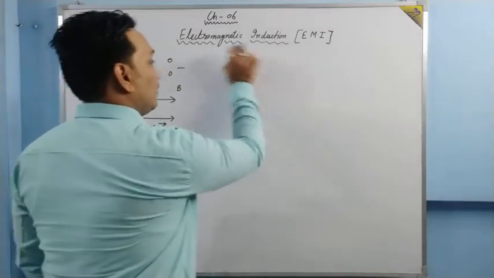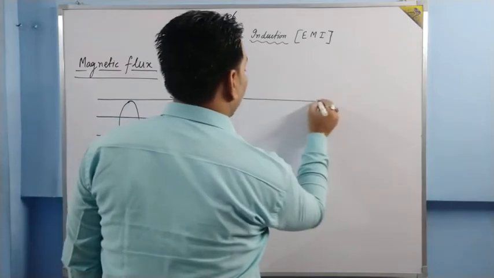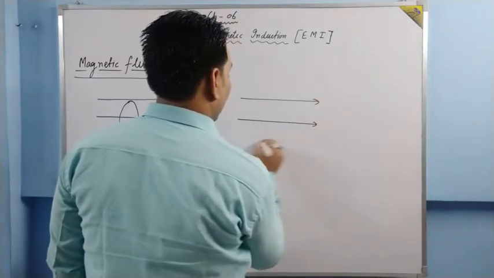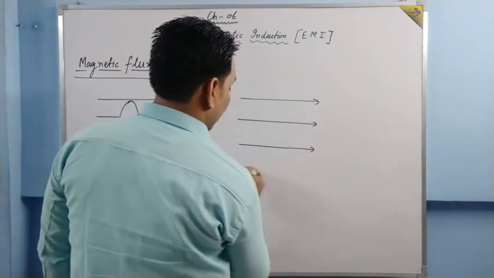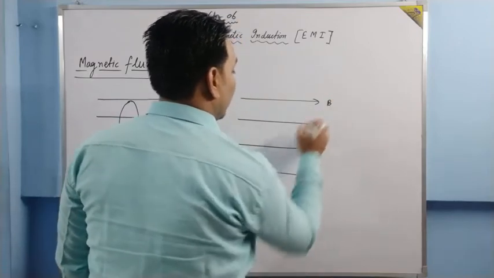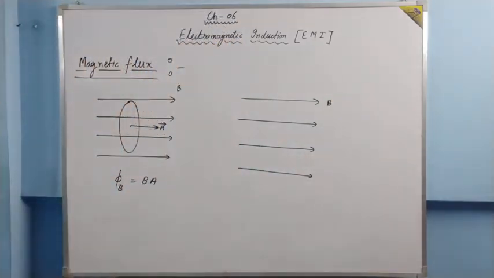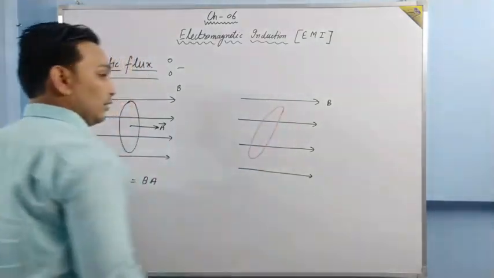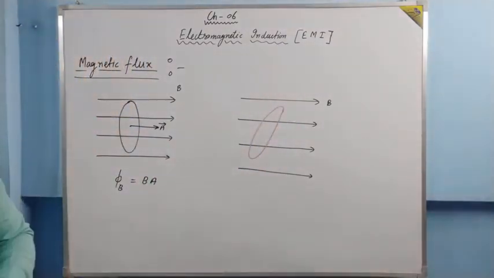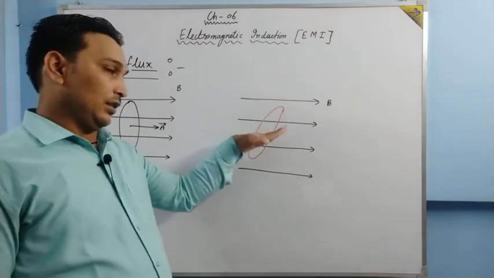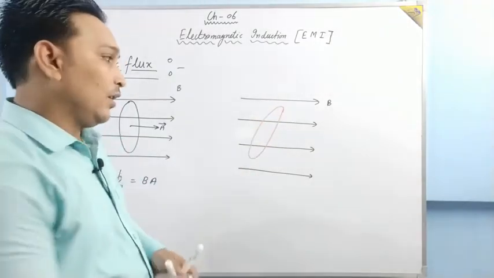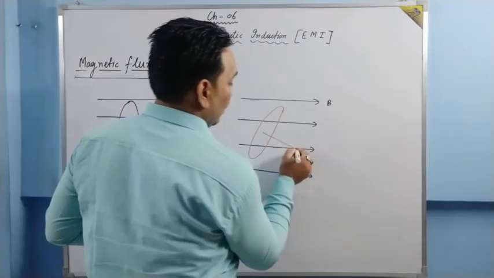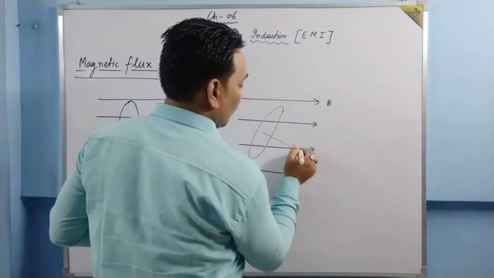But suppose the magnetic field remains the same, but the area we are talking about is a bit tilted. The area is not like this, the area is like this. Its magnitude is A only, but it is a bit tilted. Now this area vector will be in this direction.